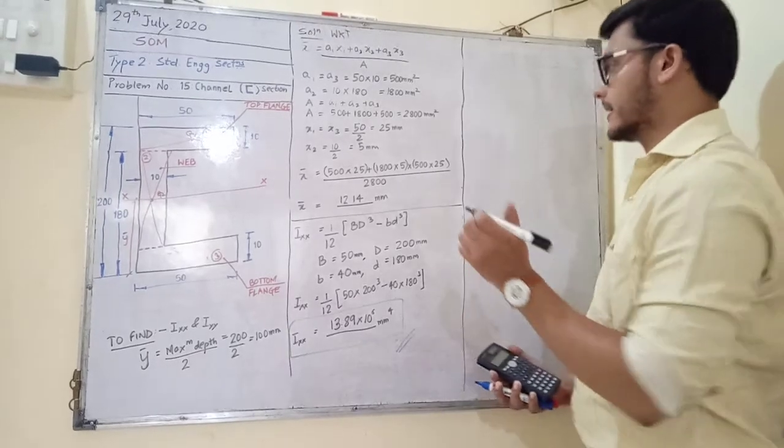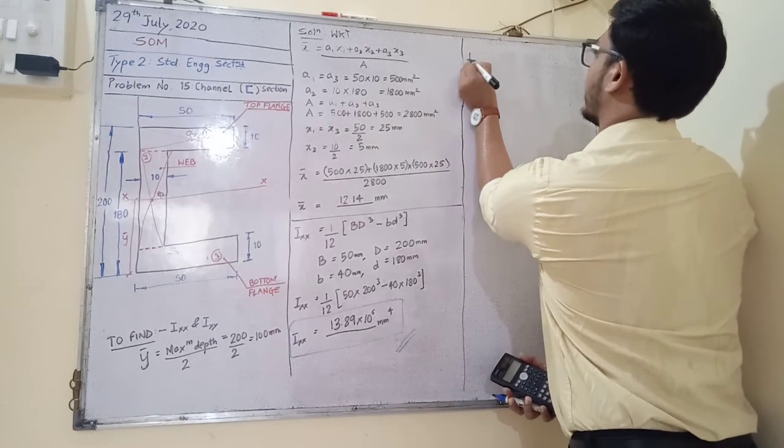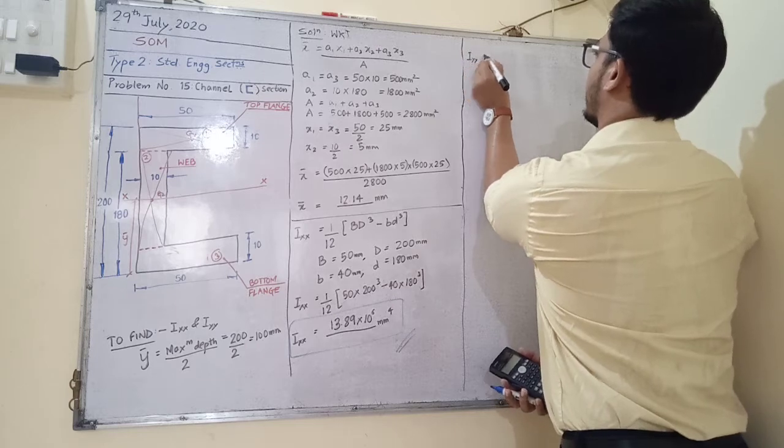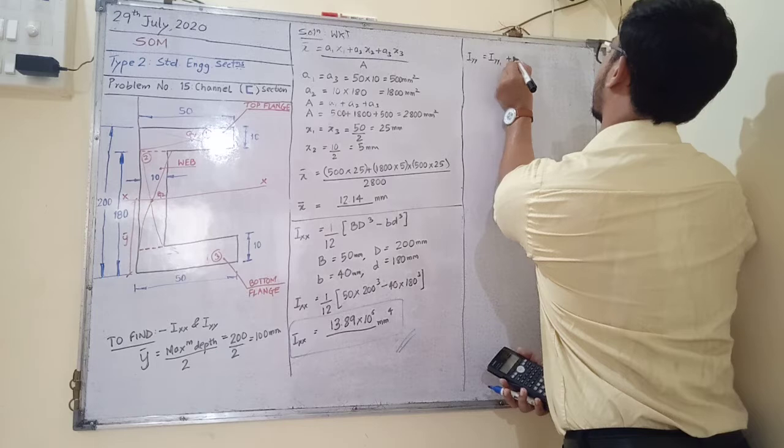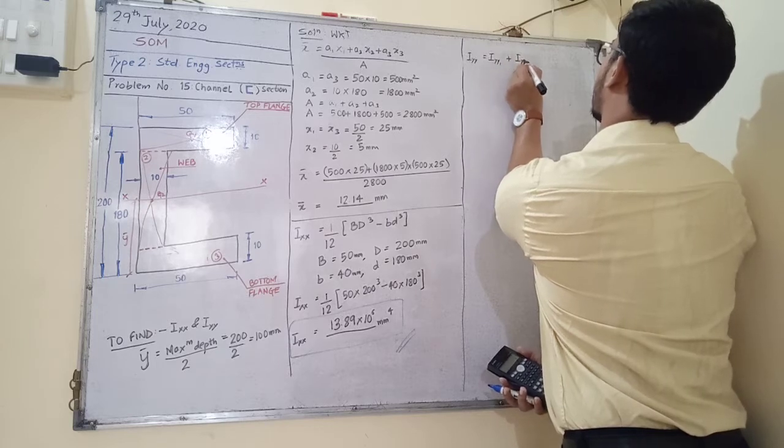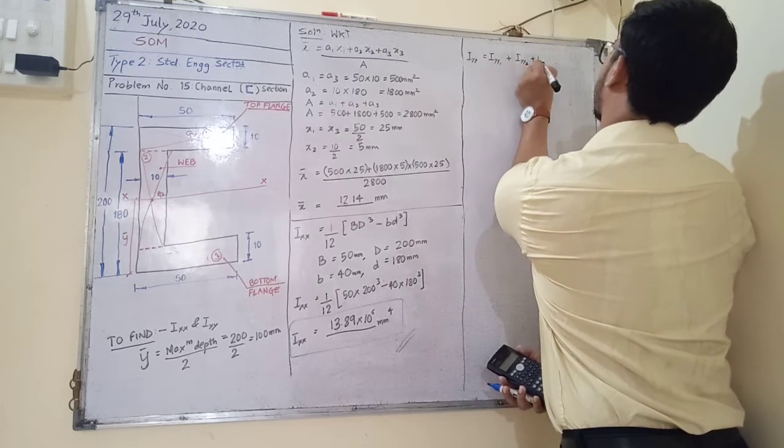Now, the next and last step is to calculate Iyy. So for Iyy you have to apply the parallel axis theorem. Iyy1 plus Iyy2 plus Iyy3.